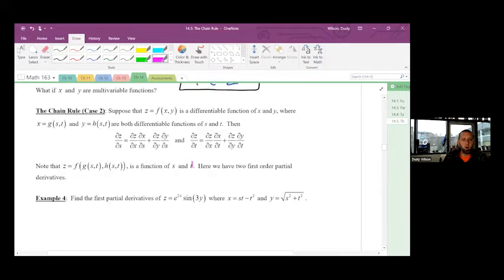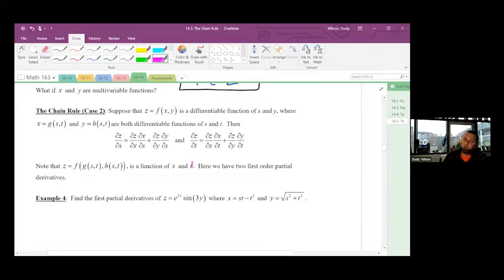What if x and y are multivariable functions? The chain rule, case 2. Suppose that z equals f of x, y is a differentiable function of x and y, where x equals g of s, t and y equals h of s, t. And these are both differentiable functions of s and t.